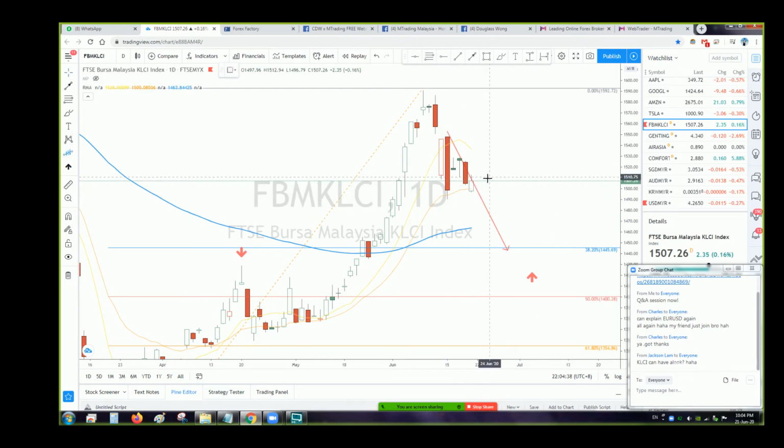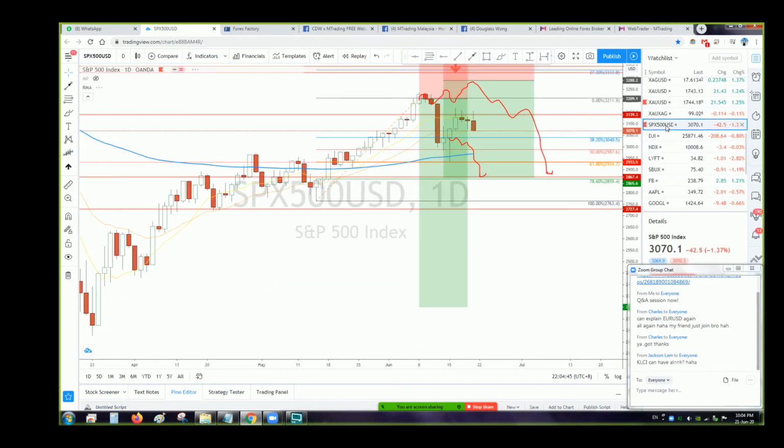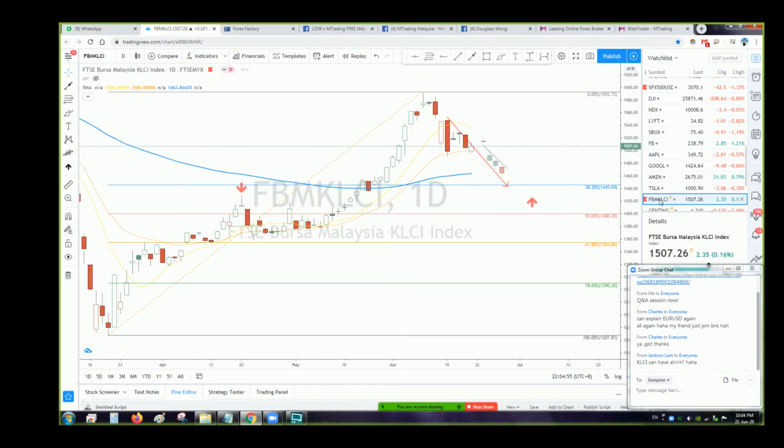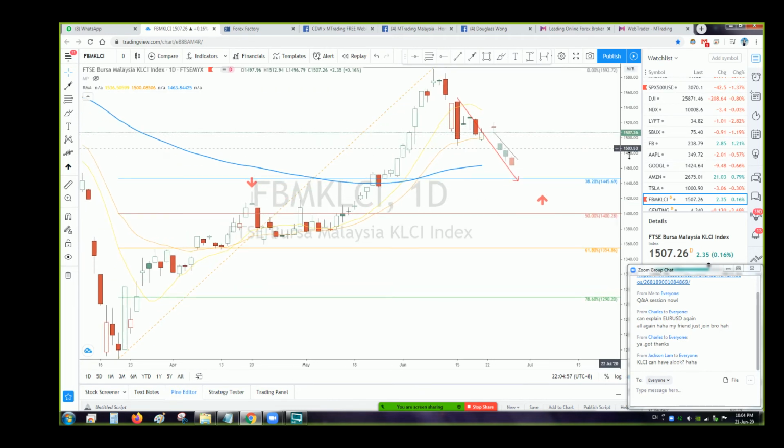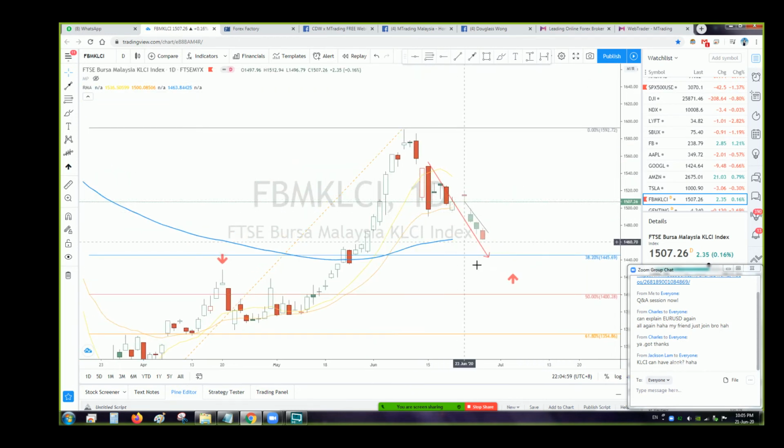And for S&P 500, I'm actually looking at the downside, so if S&P 500 goes down further, for sure KLCI is going to go down. Exactly the same, you see the movement. So KLCI, that's all, simple and quick. It's aligned to the S&P 500 movement. So Jackson, I hope I answered your question.